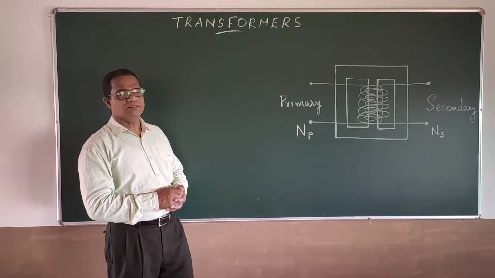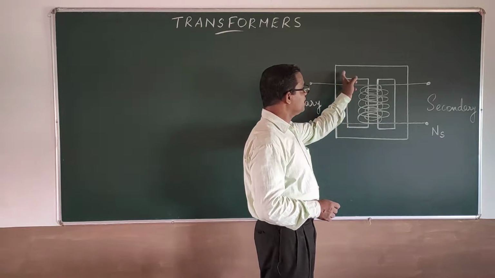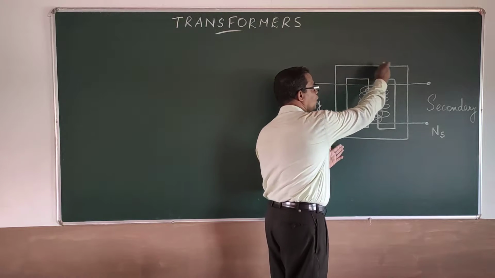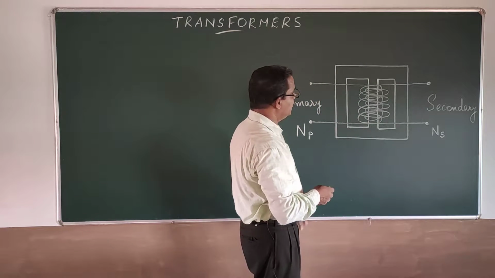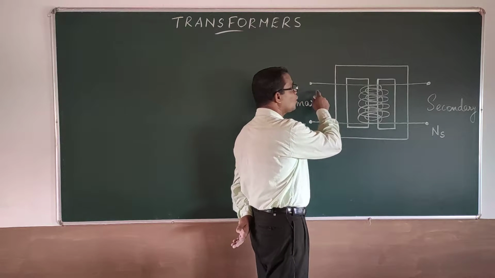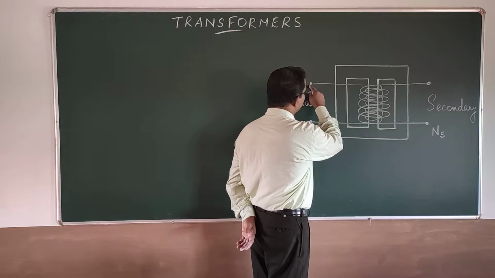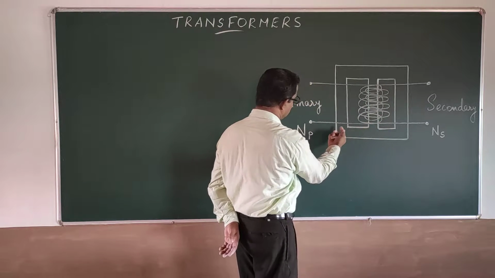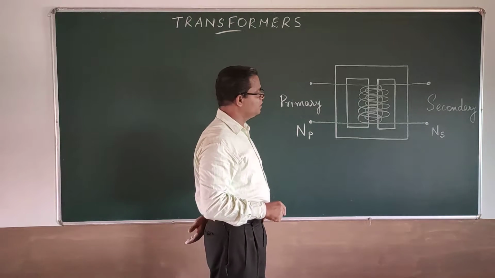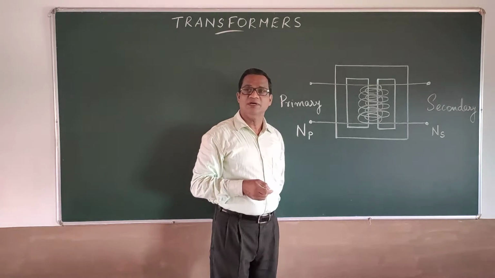Now to discuss the working of the transformer, see this, there is an iron core taken, this is the iron core, and laminated copper wires are taken, and we have a first winding on it, and that first winding is called primary of the transformer, and primary is usually considered as the input of the transformer.